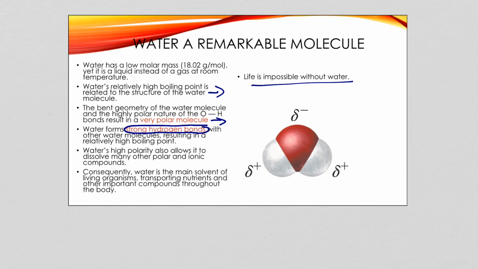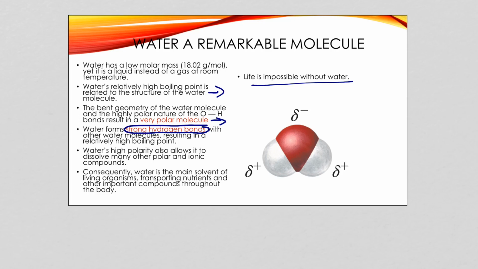Now, because of its high polarity, it also allows it to be a very good solvent. So it dissolves ionic materials very well. It, of course, dissolves other polar materials. We talked about like dissolves like in a previous chapter. And it's even a reasonable solvent for some molecular compounds.